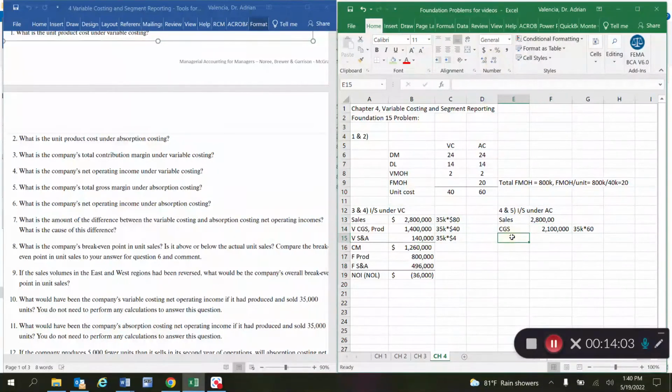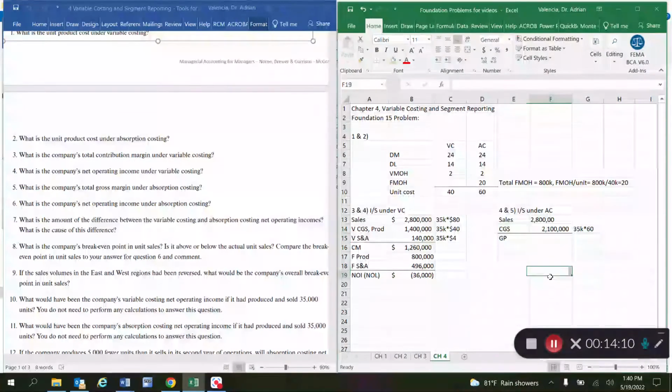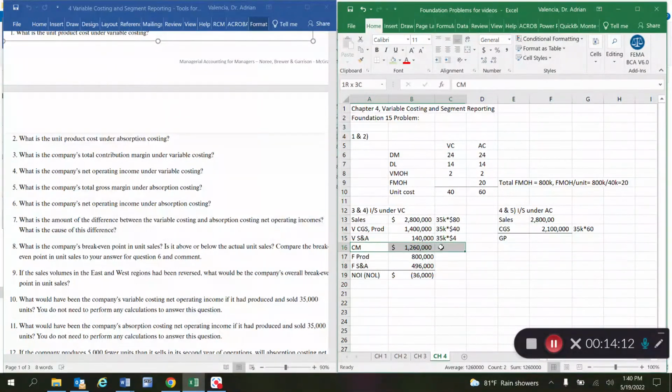Okay, so this gives us gross profit. So it's a different way of looking at the profitability, whereas here we're looking at it from the perspective of I have 1,260,000 towards fixed cost. In this case, we didn't have enough.